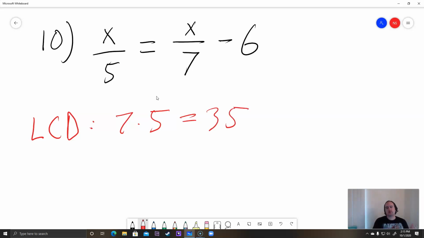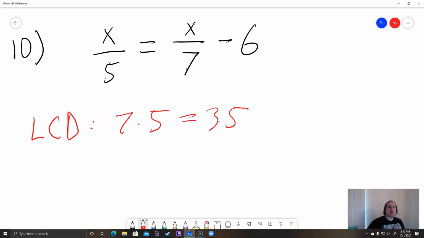Again, the reason we just multiply is 7 and 5 don't have any common factors. If two numbers don't have any common factors, the LCD is the product of the two numbers. So what we want to do is build each denominator to 35.